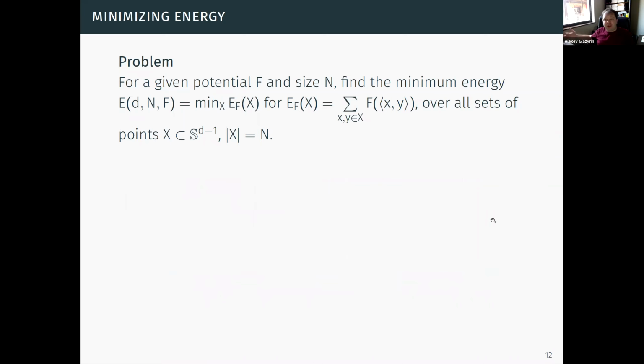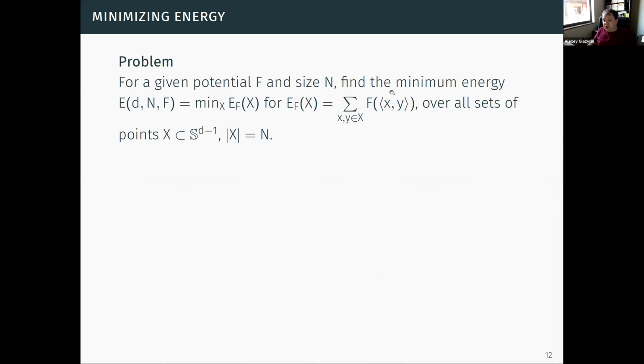The other approach is to minimize energy. So let's talk a little about energy minimization problems. The standard definition here is you have a set in dimension d, a spherical set, and you have a certain potential function f.